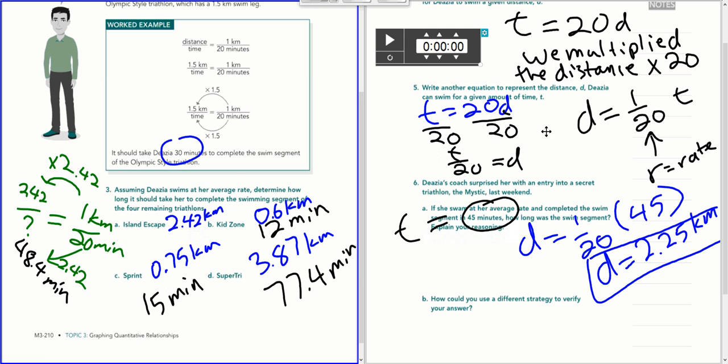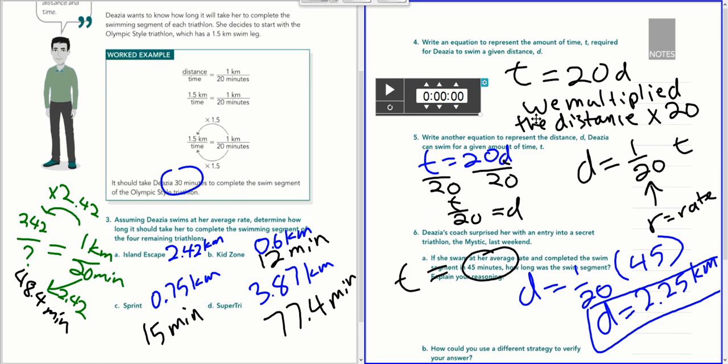Then we look for a pattern. As I pointed out, we're multiplying the distance, whatever that distance is, it changed each time, by 20 to get our time. In other words, D times 20 equals T, our time. Now it says to write the equation to represent the distance D she can swim for a given amount of time. So we want to get D by itself, and to do that we divide both sides by 20.